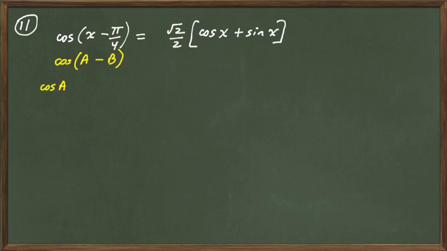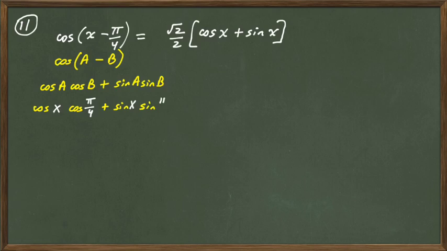Okay, number 11, I think, matches cosine of A minus B. That identity is cosine A, cosine B, the opposite, so it's plus sine A, sine B. So what I'm going to do is fill in what A and B actually are. Where I see the A, I put X's. Any questions? B is pi over 4. So where I see B's, I put pi over 4's.